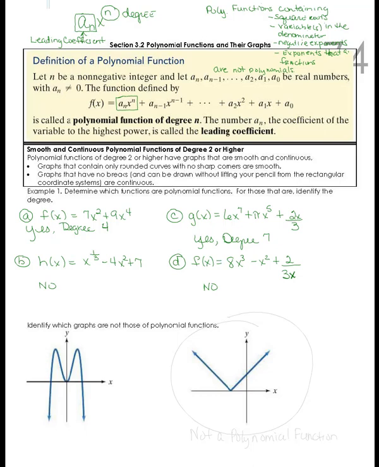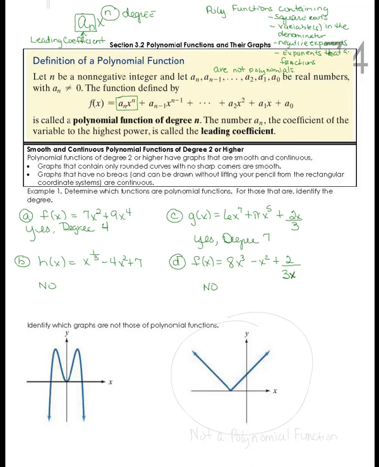It says identify which graphs are not those of polynomial functions. Which one, the left one or the right graph? The right. Think about polynomial functions: you're going to have a smooth curve. It can be quadratic or a parabola.